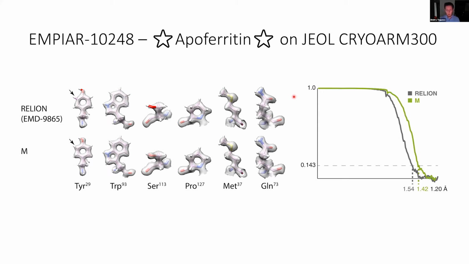Now, using M and some of its new features, we were able to improve that to 1.42 angstrom. Now, I don't mean to imply that this is a resolution range that will be relevant for most biological projects, but this is just to show that you can expect at least the same resolution, even in the highest resolution range, as you currently can from the others.